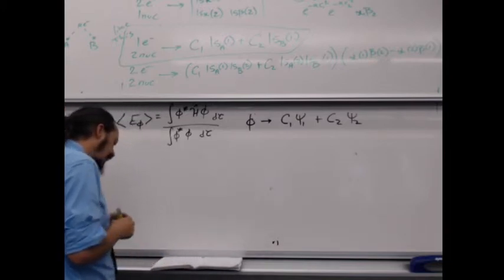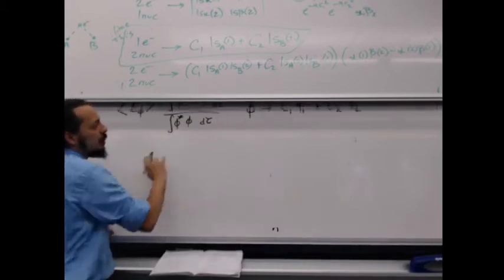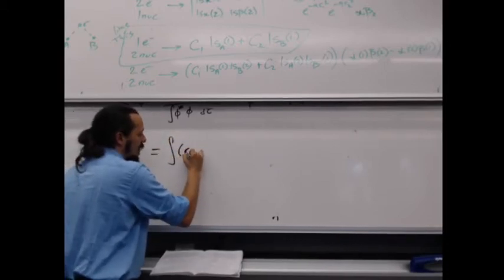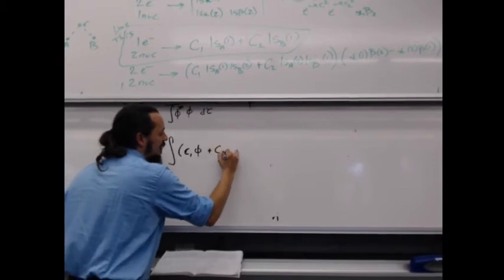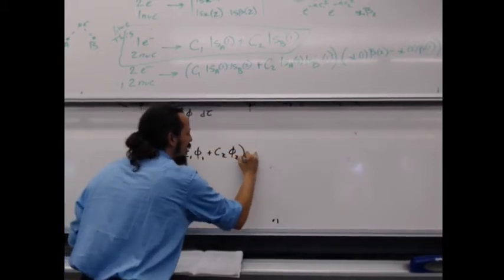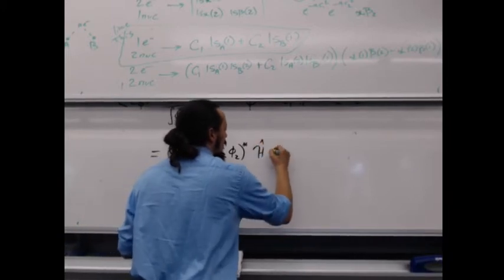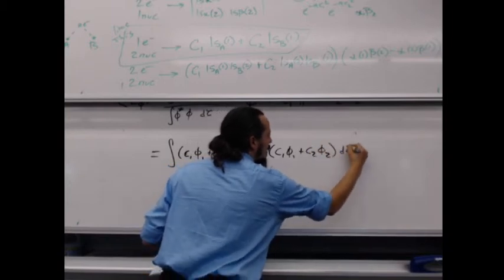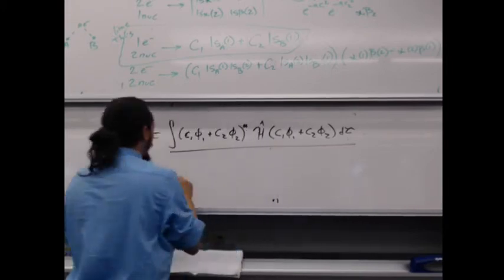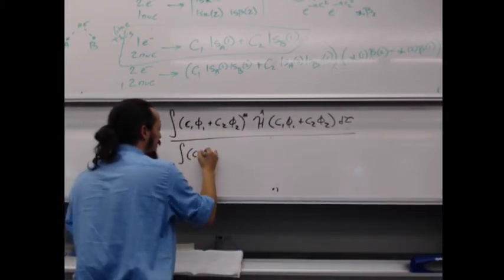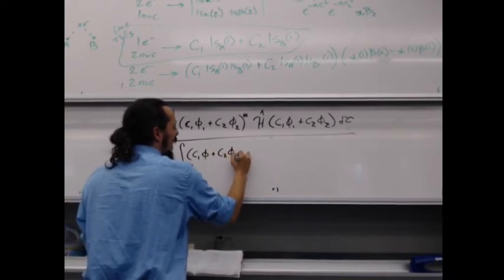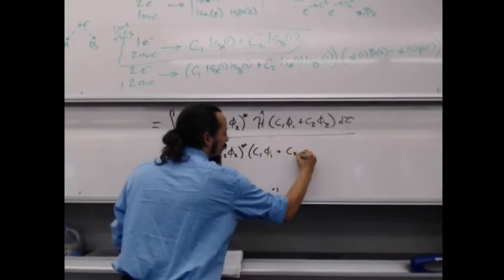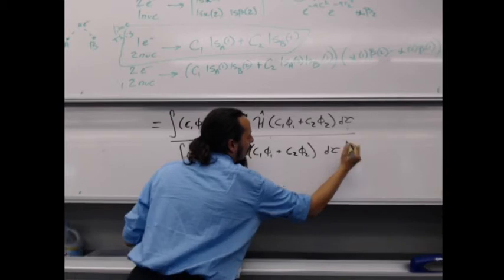So if I just plug in this definition of phi, I'm going to have on top the integral of C1 phi 1 plus C2 phi 2, star, H hat, C1 phi 1 plus C2 phi 2 d tau, divided by the integral of C1 phi 1 plus C2 phi 2, star, C1 phi 1 plus C2 phi 2 d tau.